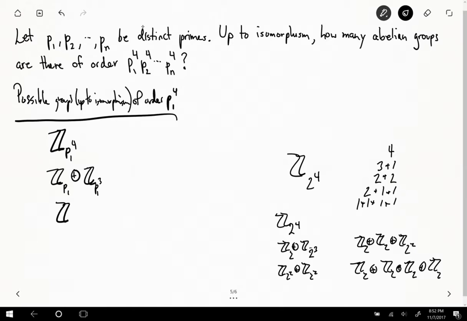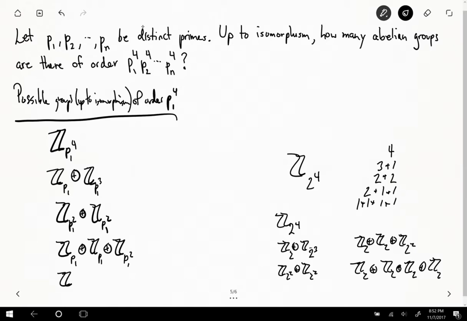Third one, Z of p1 squared direct product with Z of p1 squared again. Fourth one, Z of p1 direct product with Z of p1 direct product with Z of p1 squared.